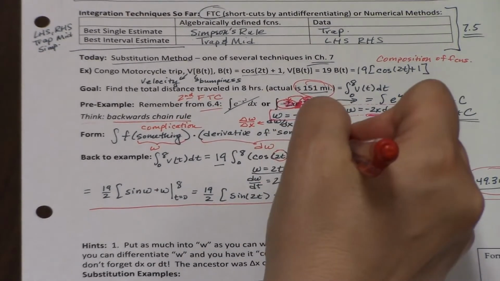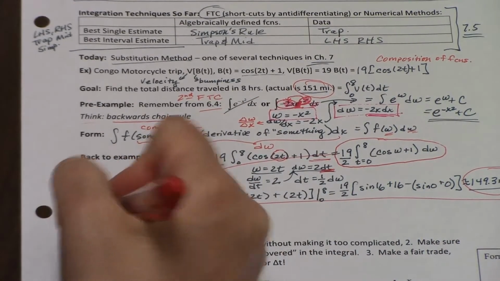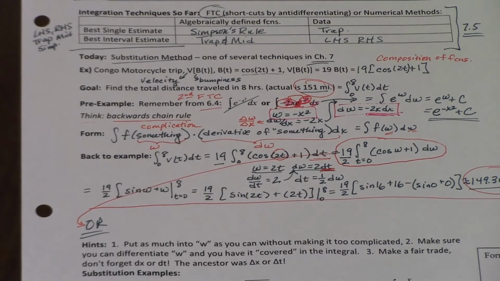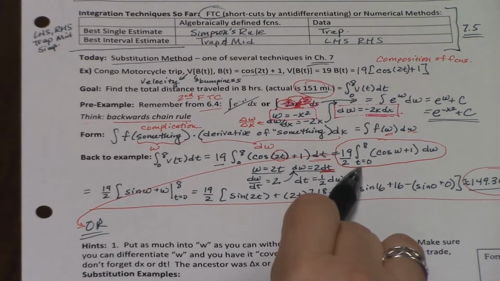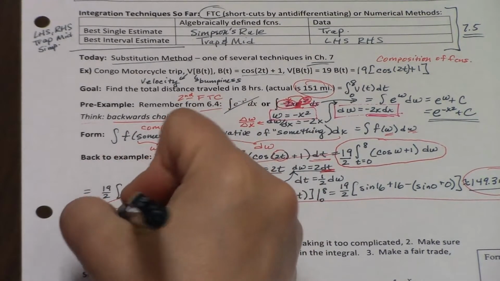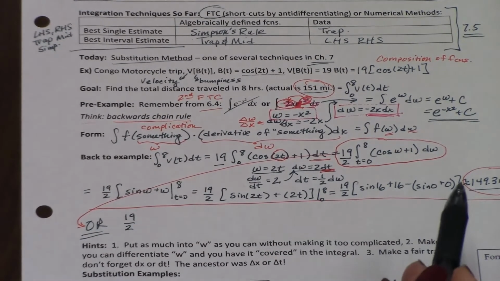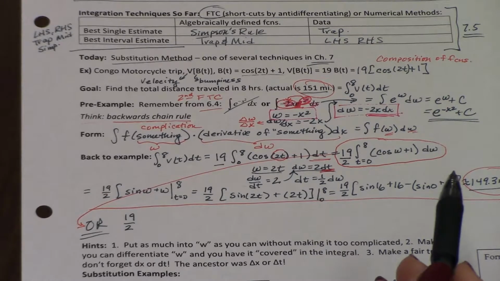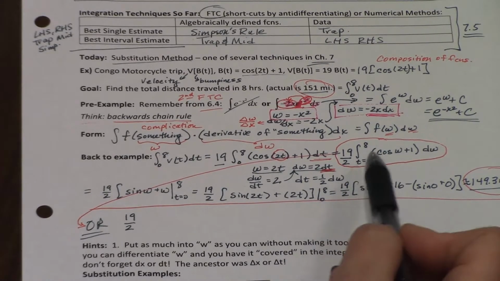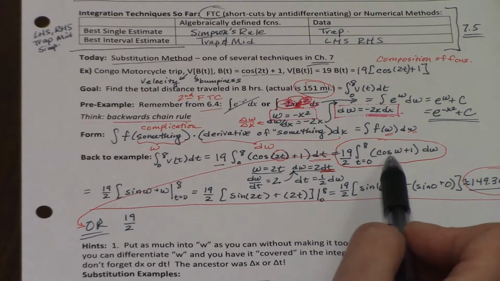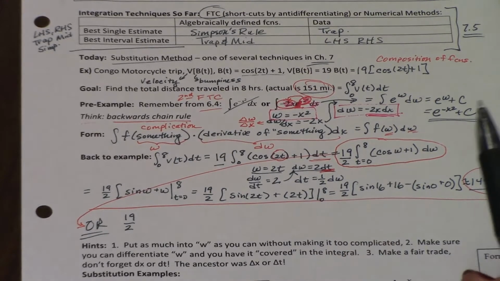But we can take this, I'm going to go underneath here, and I'm just going to write a big or, because I could have at this point instead converted everything to w. And for different problems, you're going to want to know how to do it both ways, because sometimes it's helpful to have it in terms of the original variable. Sometimes it's easier to just change everything over to the new variable, and then you don't need to go back.